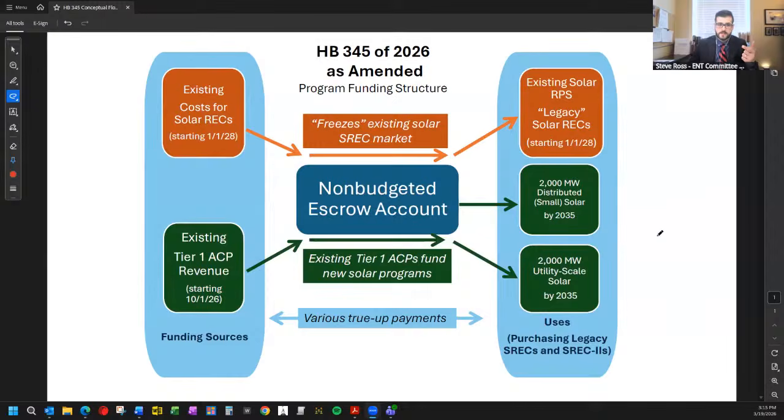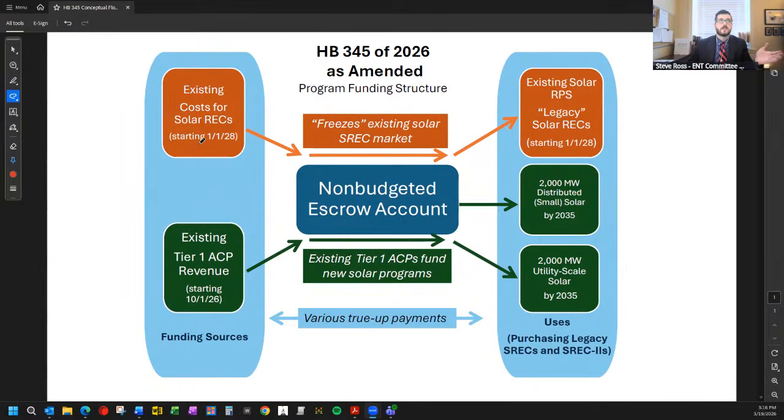That has also been struck from the bill. It's been changed so that what can be used to fund everything else on the right-hand side here is revenue, or cash flow streams, that are already occurring under the existing RPS. So a lot of the language in there is getting at that issue very carefully.